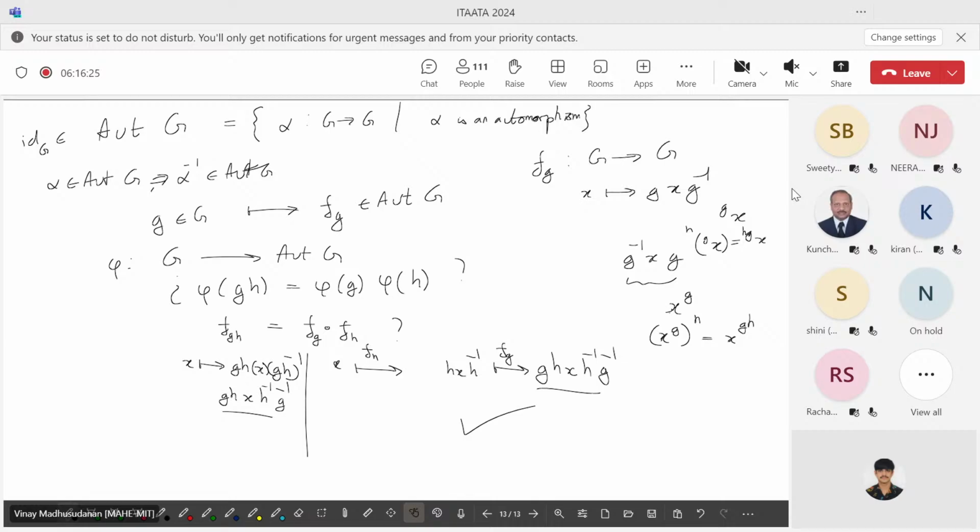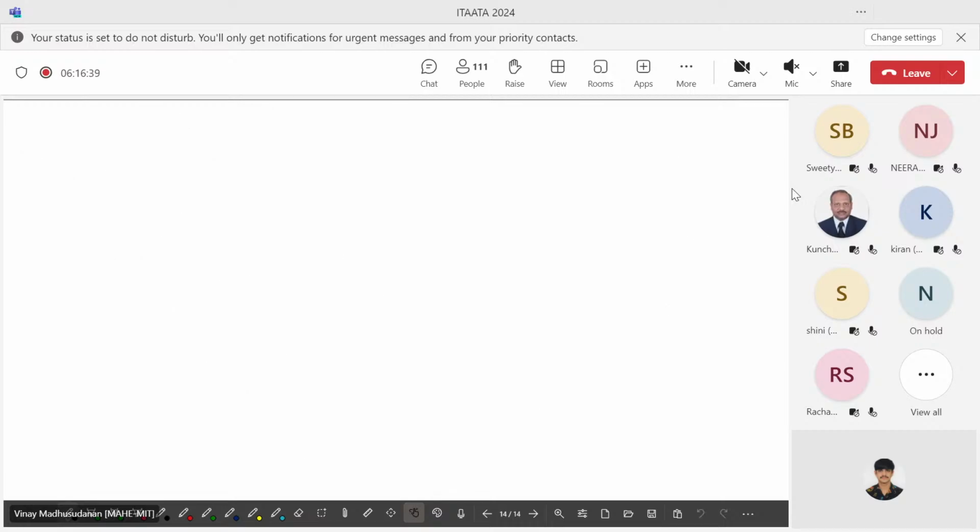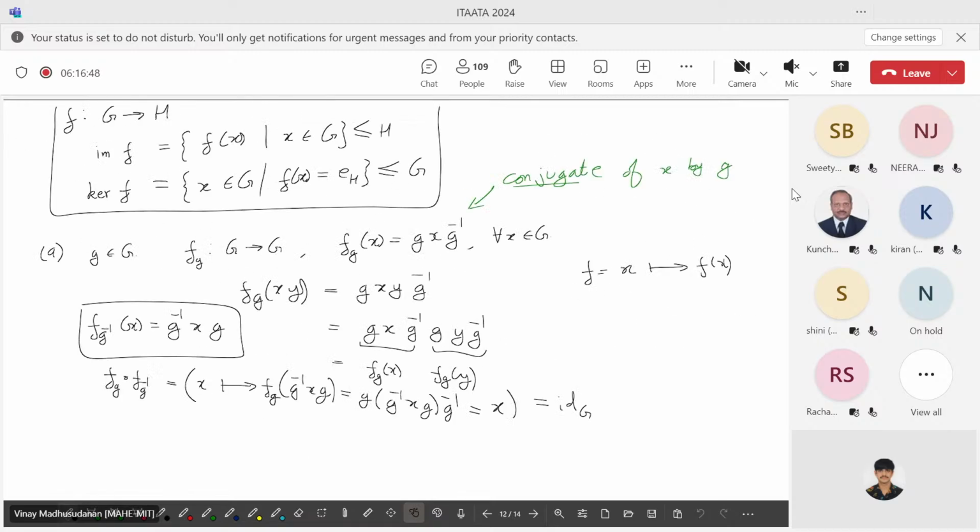Okay, since you already know about the image, let's see. What is the kernel of f?